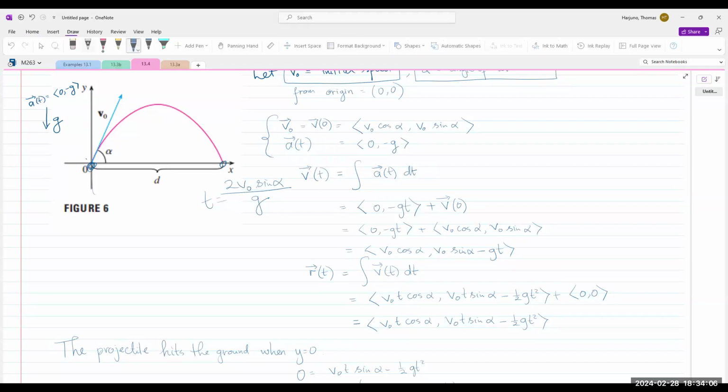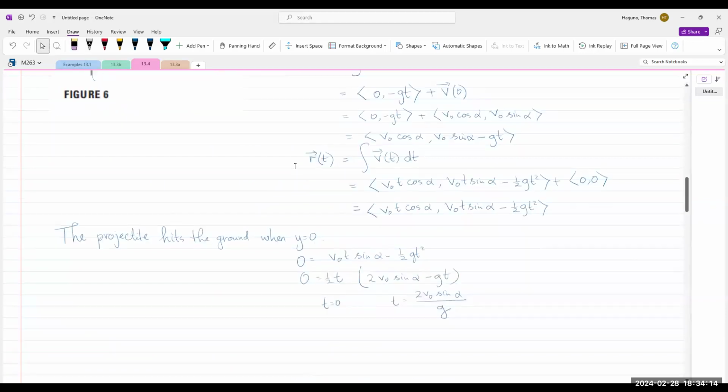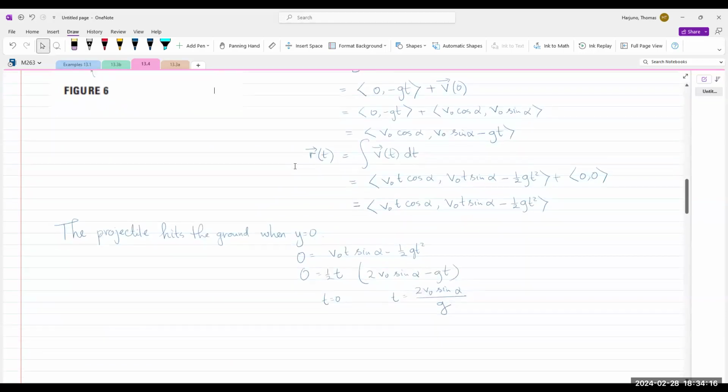Again, the context here is with initial height on the ground. So that's the time. So what is the range then?